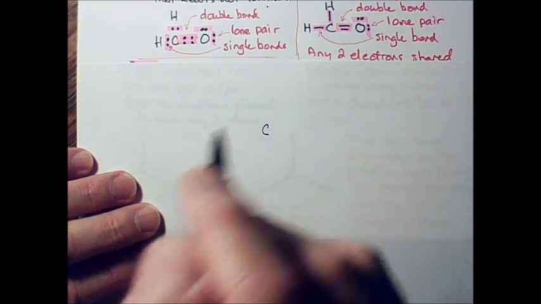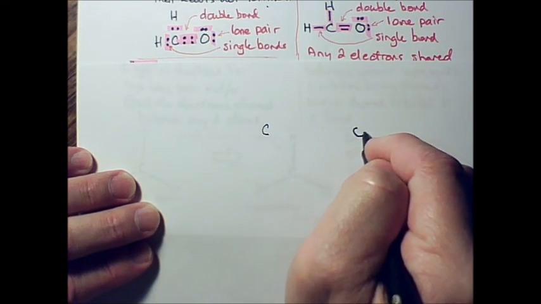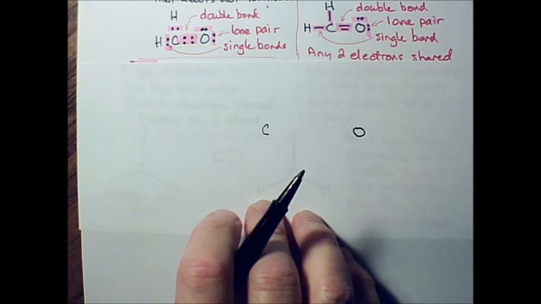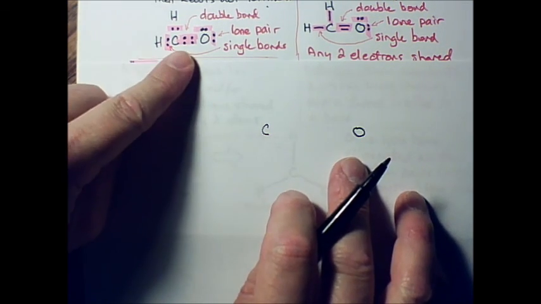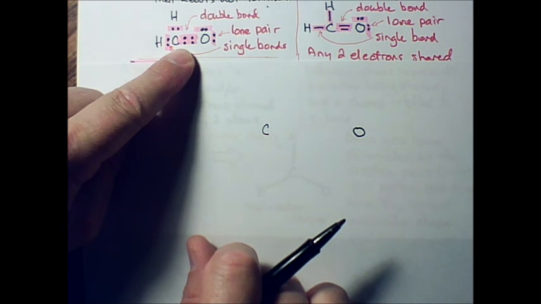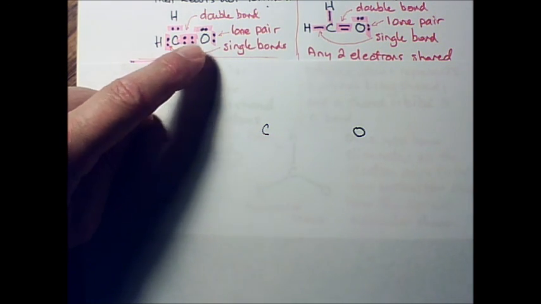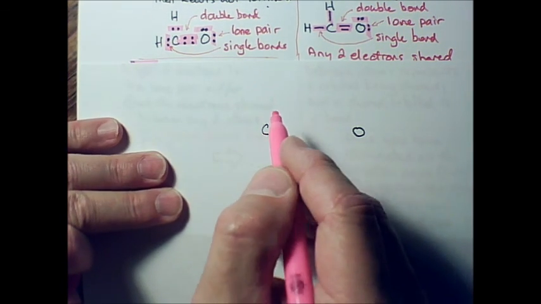If you remember yesterday when we were doing our balloons, there's two parts to the double bond going from the carbon to the oxygen. The double bond has two different kinds of bonds.